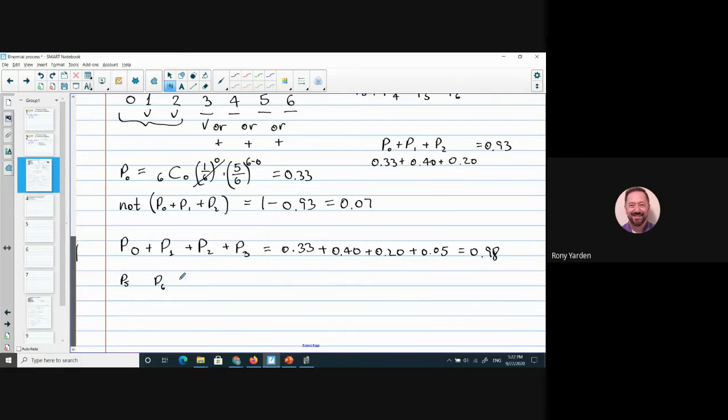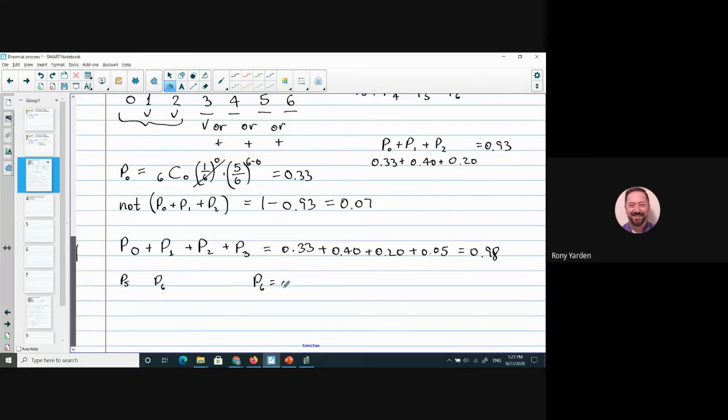Okay, let's, for example, calculate P6. So P6 will be, I'm not going to use the calculator for most of the part of the calculations. I'm just going to tell you the numbers. You can check it with the calculator.